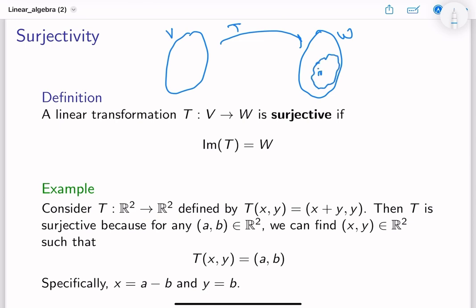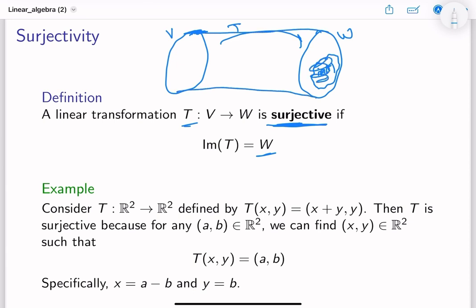So this is the image of T. Now, what this definition says is that T is said to be surjective if the image is equal to the codomain itself. It means that every element in the codomain gets hit by T. So, in other words, the vector space V gets mapped to Omega itself.